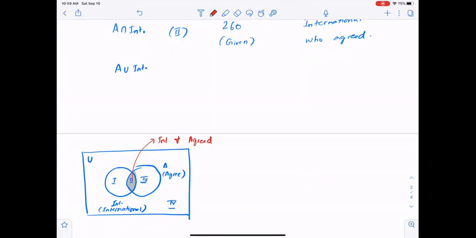International travelers who agreed. So that, and region 3 would include all people who agreed. First region, all international travelers.